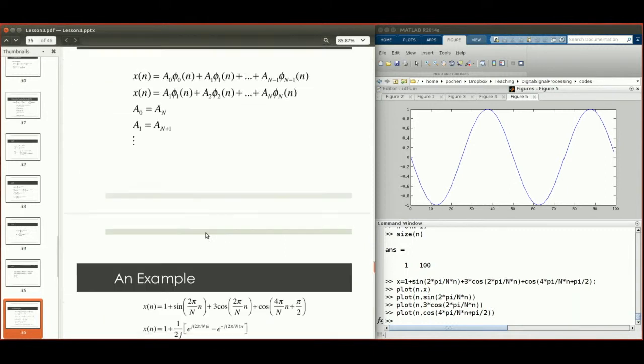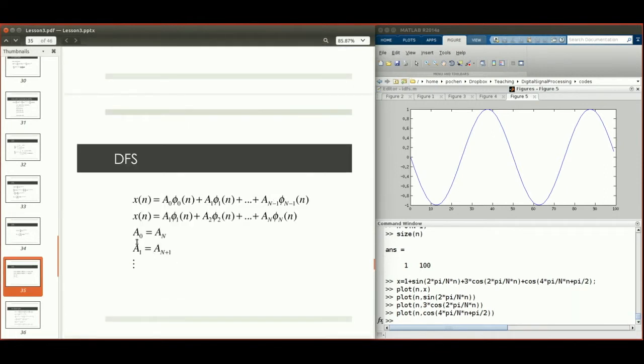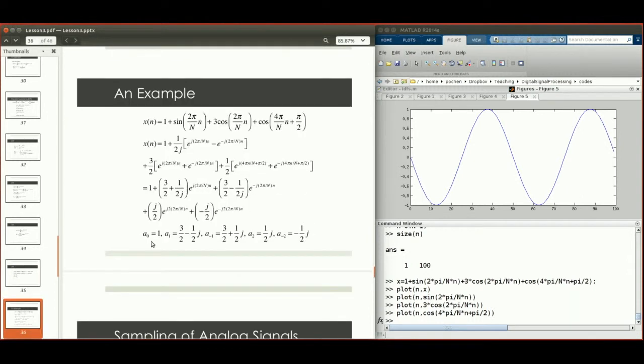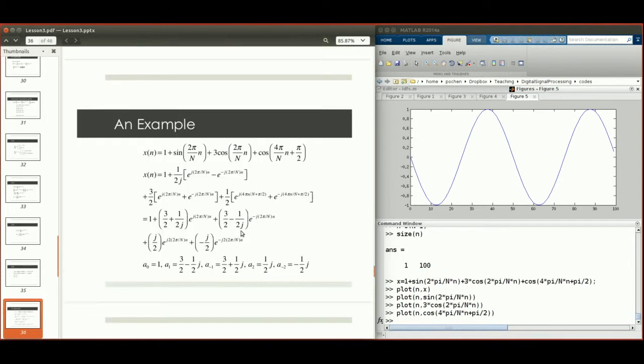So in this particular equation, I was showing you a0 equals a big N, right? a1 equals a big N plus 1. Big N here is equal to 100. So basically a0 equals a100. a1 equals a100 plus 1, a101, right? So a minus 1 equals what? a minus 1 equals a big N plus minus 1, that's a big N subtract 1.